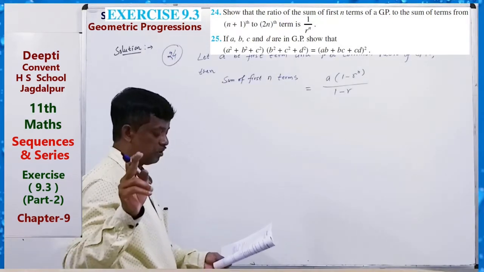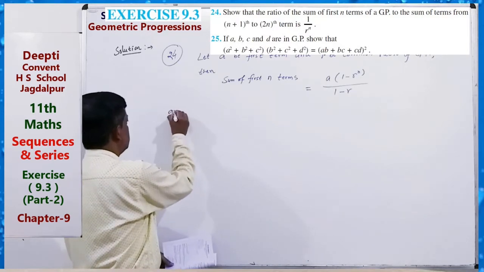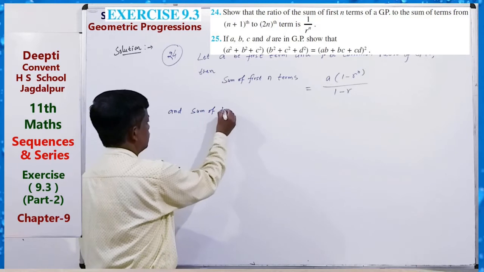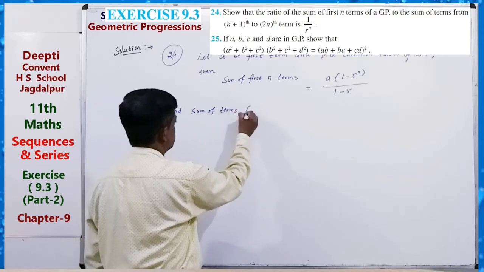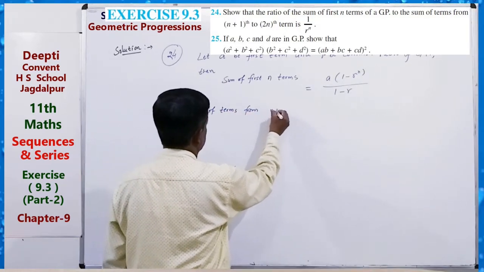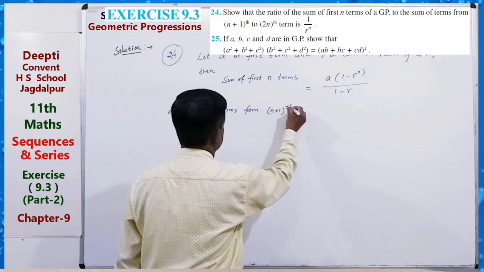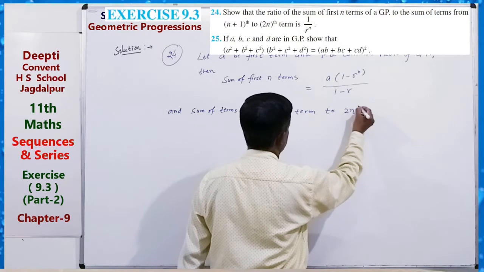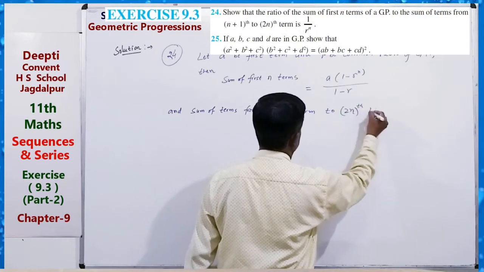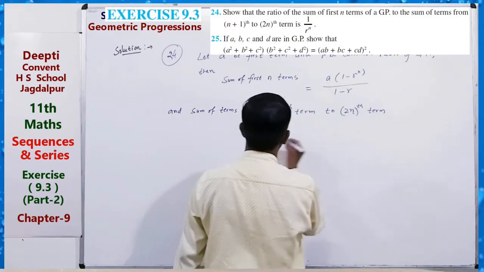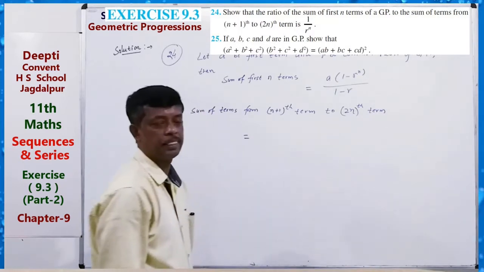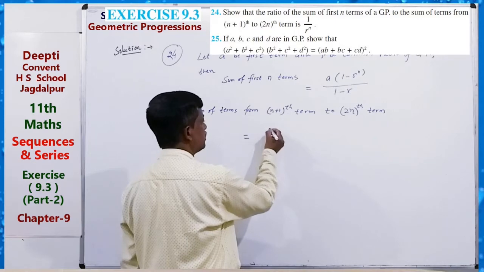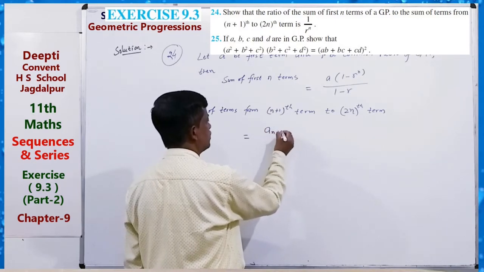And the sum of terms from n plus 1th term to 2nth term is equal to what? First term is what? A n plus 1.